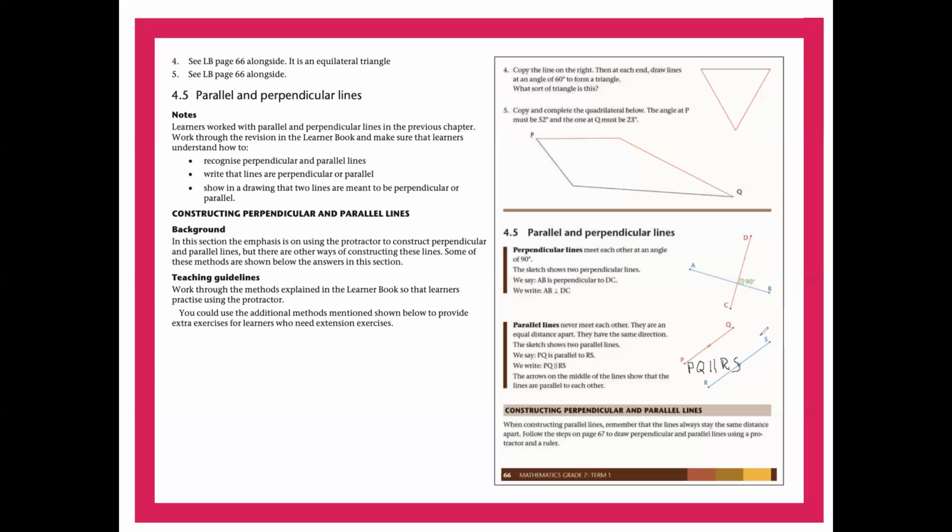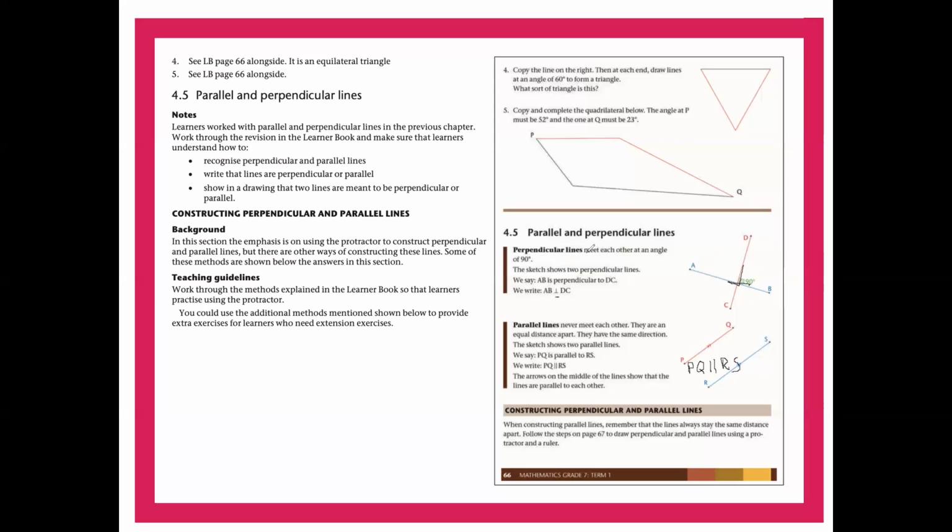Now when it comes to perpendicular lines, they are at 90 degrees to each other, so they form a right angle. When you write it out, you write basically what you see: line AB, then the shape it forms. That is the symbol you use when saying that AB is perpendicular to BC.